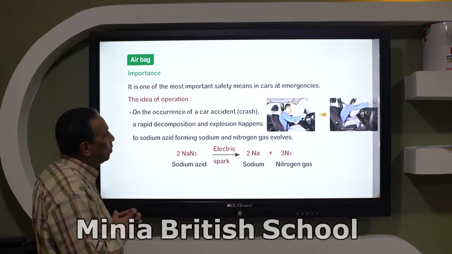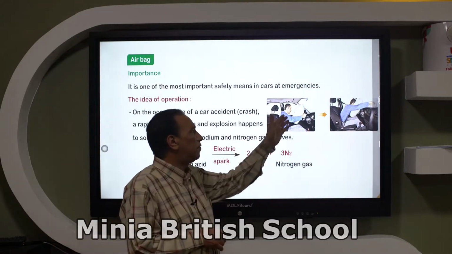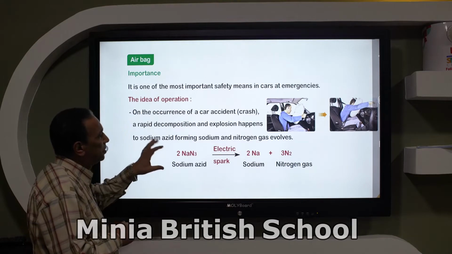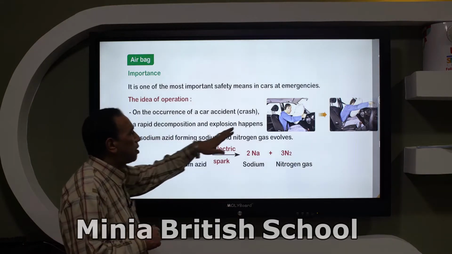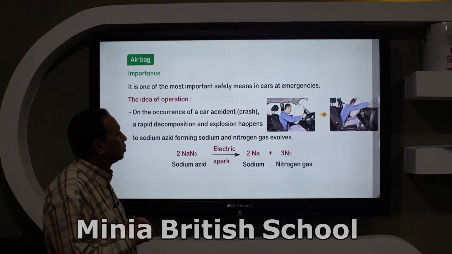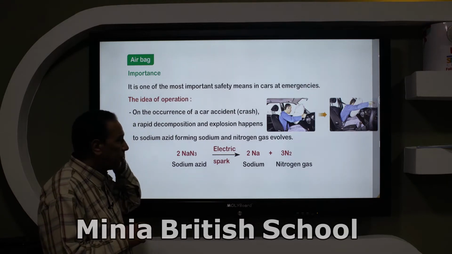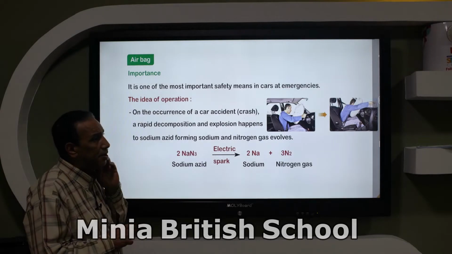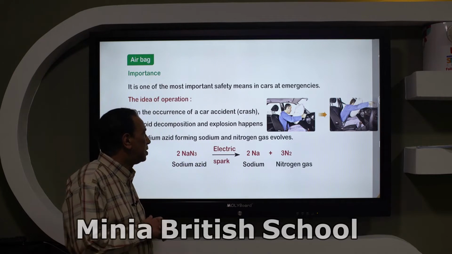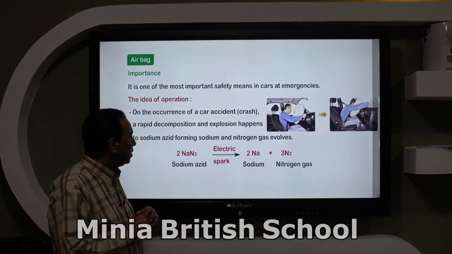There is one important application of the thermal decomposition in the case of the airbag or safety bag. This occurs during car accidents or during crashing of the cars, due to the rapid decomposition of sodium azide, NaN3, and sodium decomposes as soon as the crash occurs.